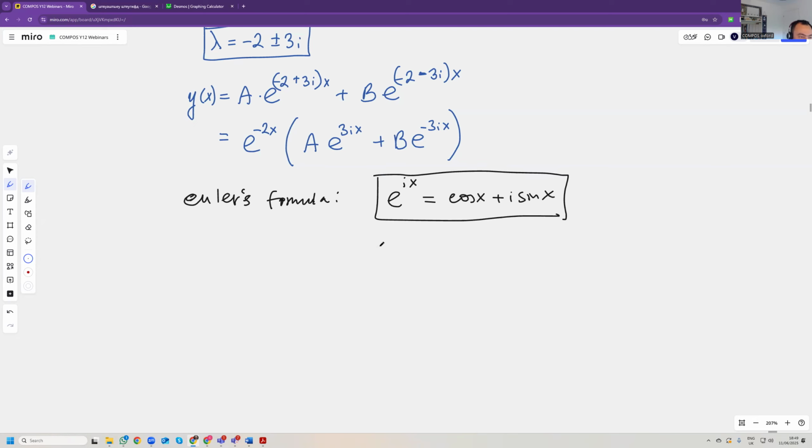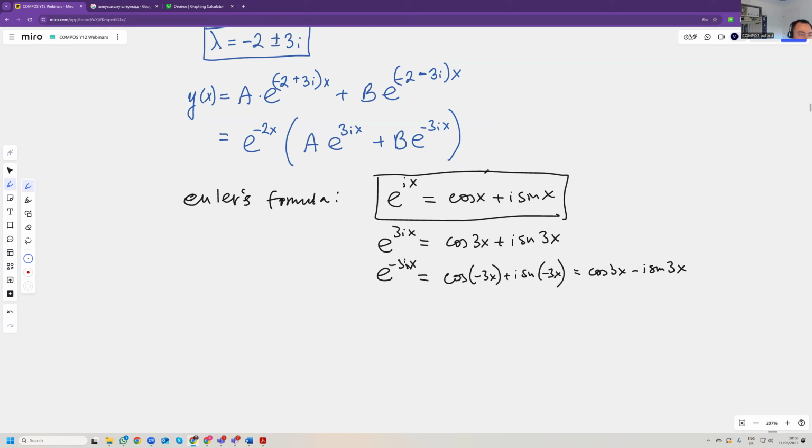And therefore, e to the 3ix can be written as cos 3x plus i sine 3x. And e to the minus 3ix can be written as cos minus 3x plus i sine minus 3x. We know that cos is an even function, therefore we can just remove the minus, cos 3x. And sine is an odd function, so we take the minus out, sine 3x.